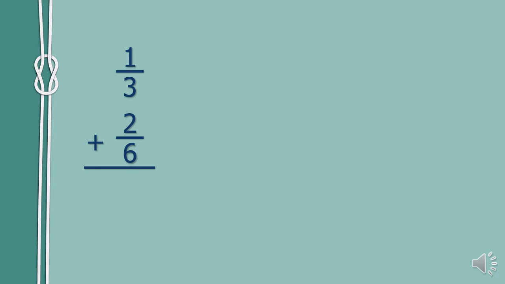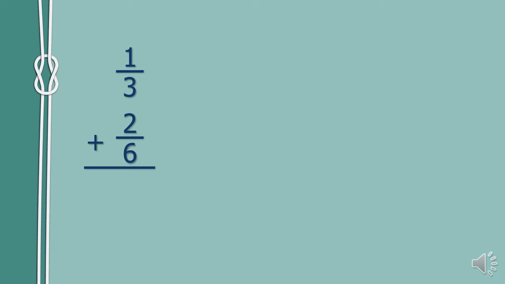Here we have 1/3 plus 2/6. Okay, so again we have unlike fractions. 1/3 has a 3 in the denominator. 2/6 has a 6 in the denominator. We need to get the denominators to be the same. And to do that, we need to multiply 1/3 by a name for 1 that will put 1/3 into higher terms, an equivalent fraction.